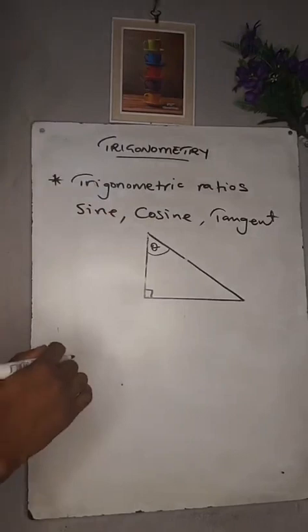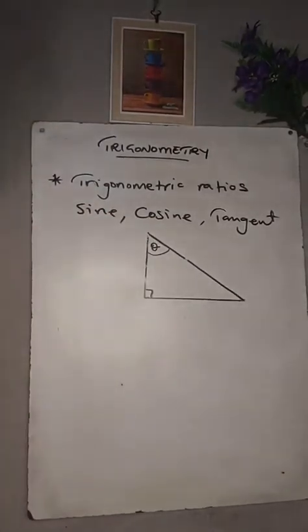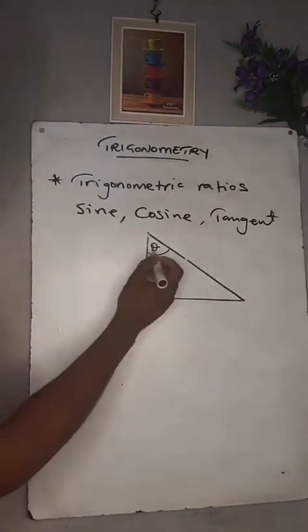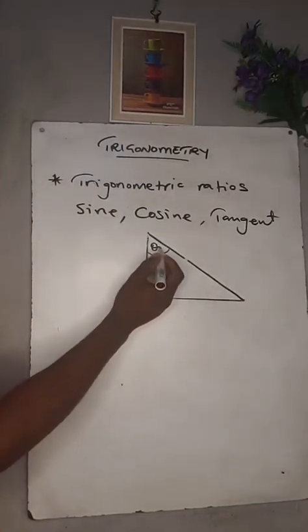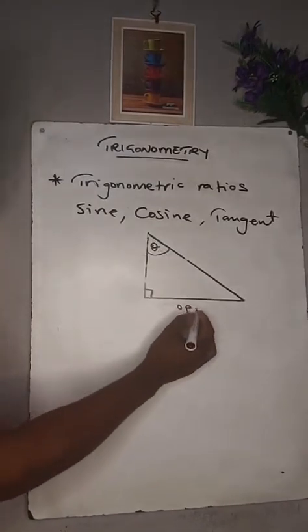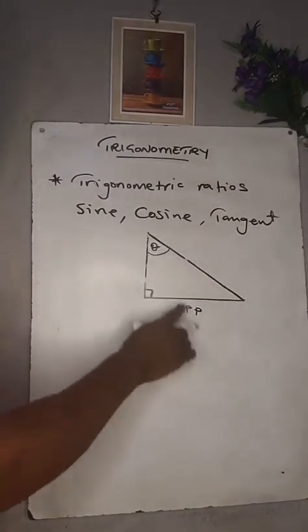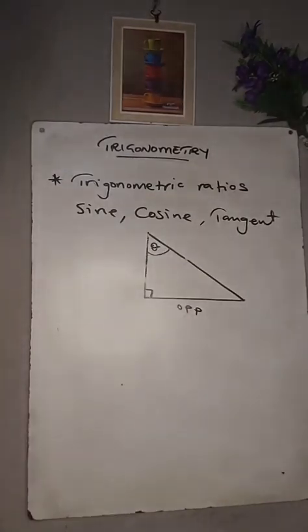With trigonometrical ratios, you need to understand that these sides have names under trigonometry. This angle's direct side is called the opposite.